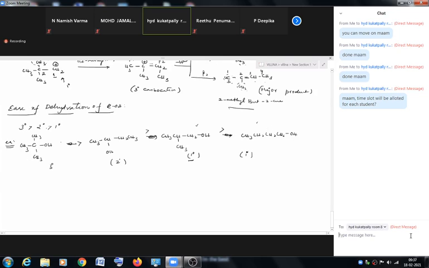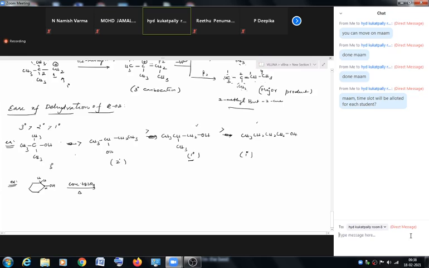Even for cyclic compounds also, we can have the stability and all. Okay, we did not see the cyclic groups, right? So let's say this is a cyclic alcohol, cyclohexanol, especially. On treating with concentrated H2SO4 and on heating, this is our alpha carbon, right? This is our beta, and at beta you have two hydrogens.